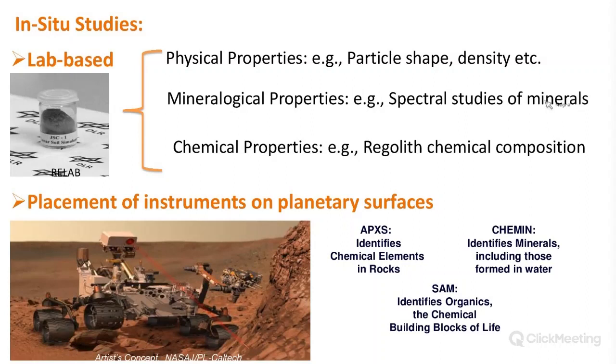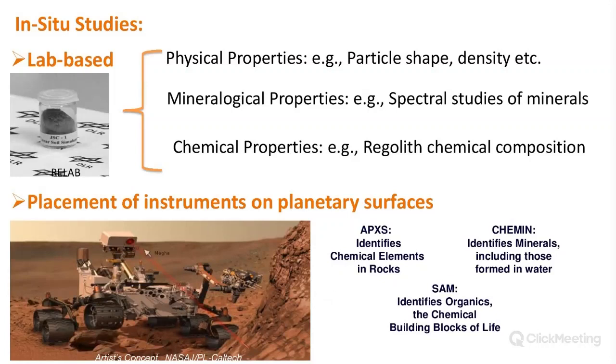It gives us the initial conditions when this mineral might have formed. Then we can also study chemical properties. We can understand the kind of weathering processes, regolith formation, etc. And this understanding helps us to plan our experiments on other terrestrial bodies.